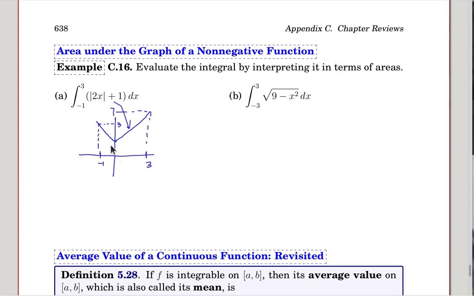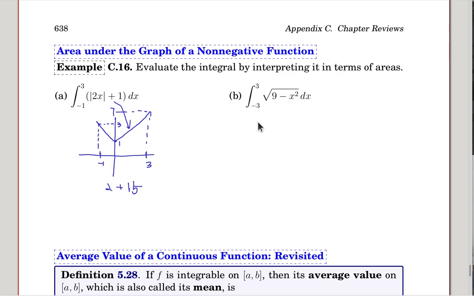So from this side the height is 1, so the average height is 2 times length 1, and then the left side, the bottom length is 3, and the average height over there is 5, so that is 15, right? So the total area is now 17.